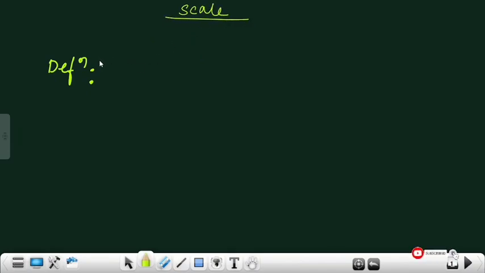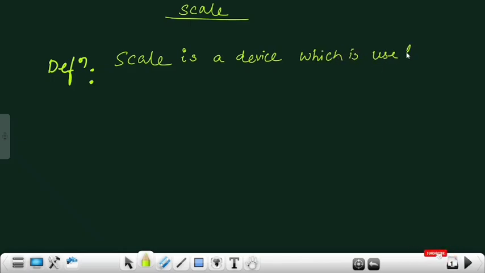Scale is a device which is used to measure any size of the object.